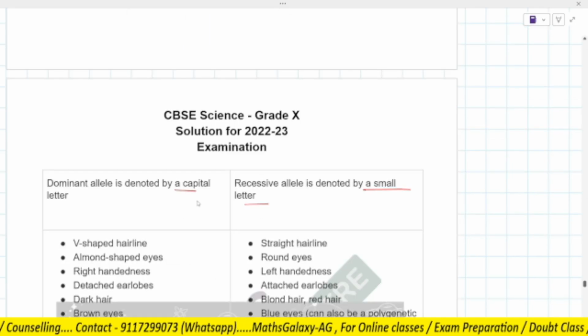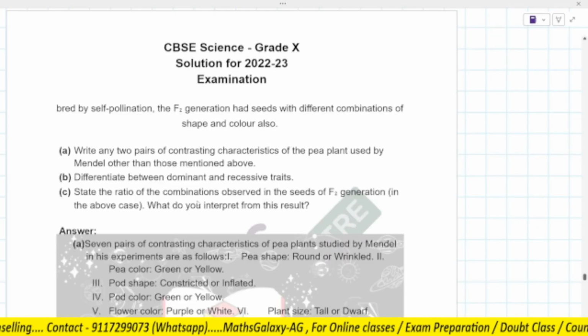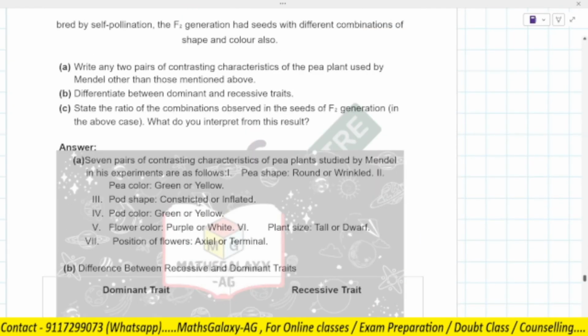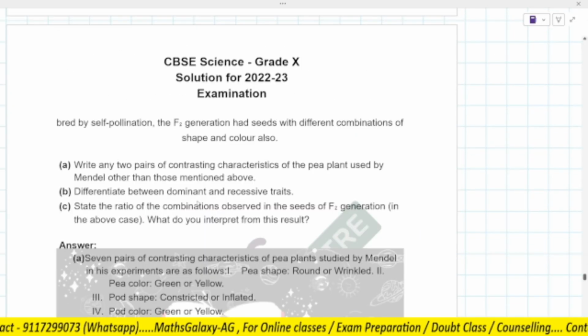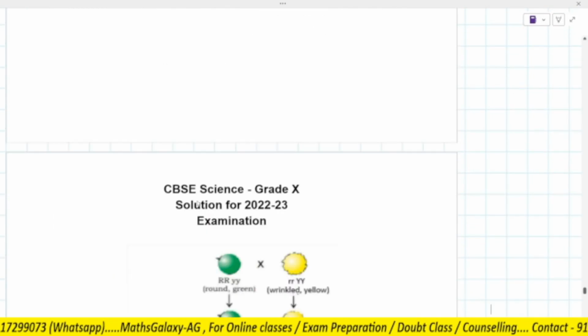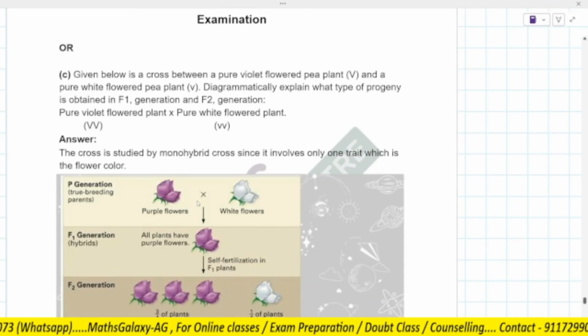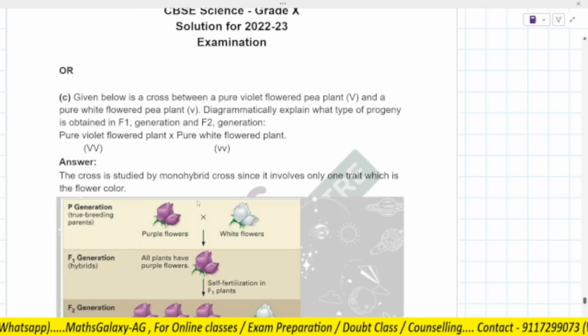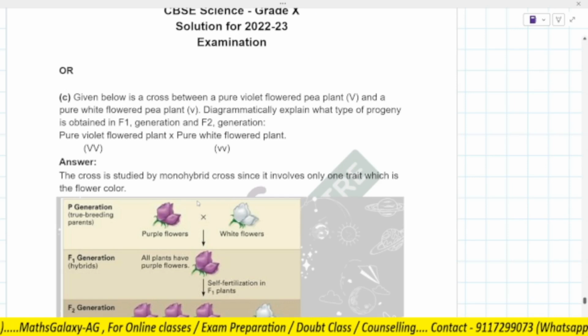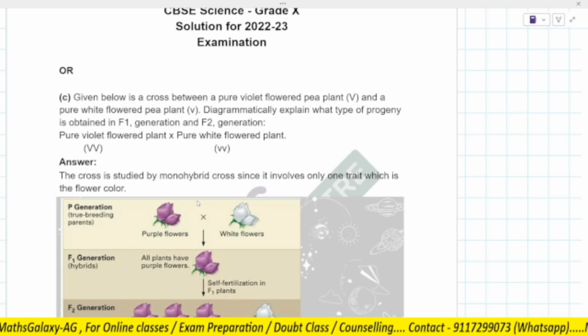Now, after this, the OR question. Let me check where the OR question is. 8A. Given below is a cross between a pure violet-flowered pea plant and a pure white-flowered pea plant.